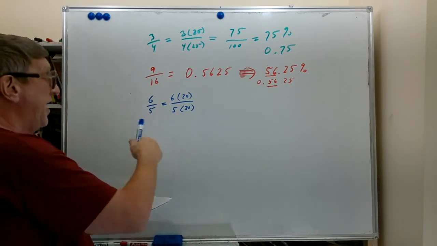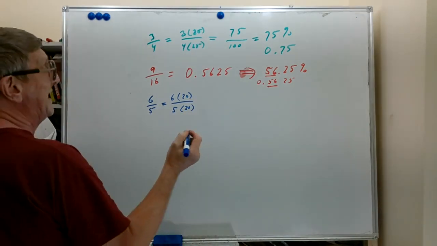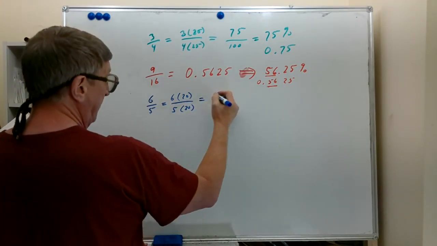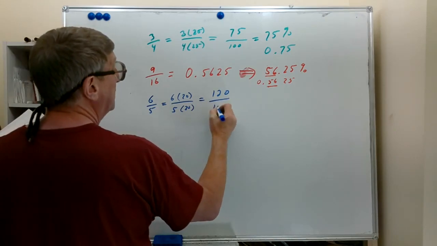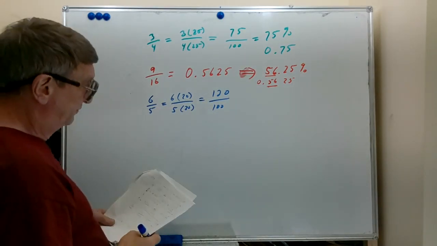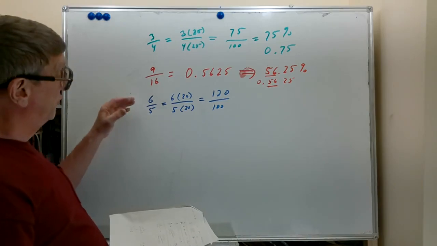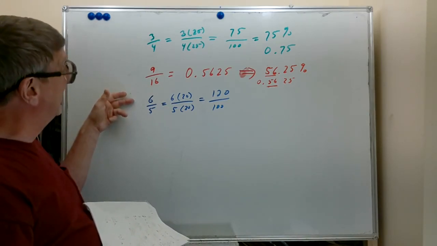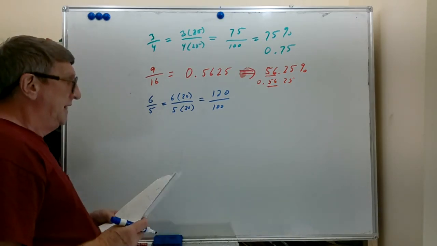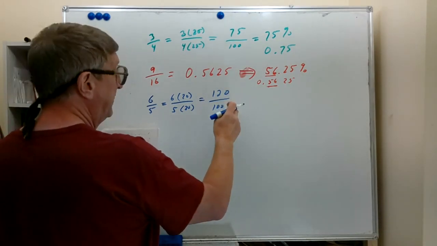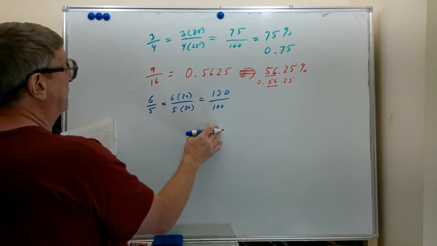We're not changing the value of our fraction, so we'll get an equivalent fraction. Well, 6 times 20, 120. 5 times 20 is 100. So the 6/5, you notice this is an improper fraction. It's slightly greater than 1. And the same thing here, 120 over 100. So we have 3 equivalent fractions.